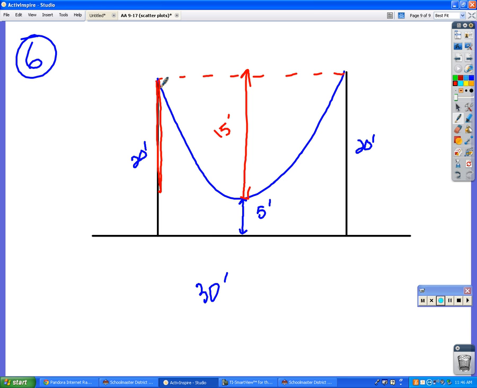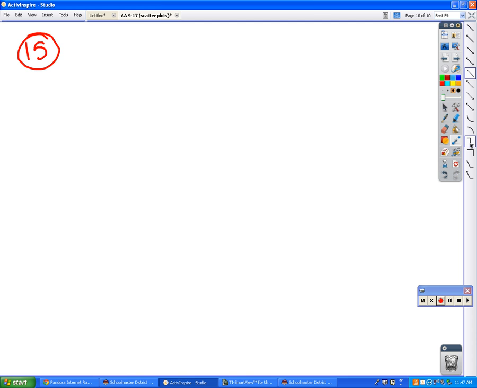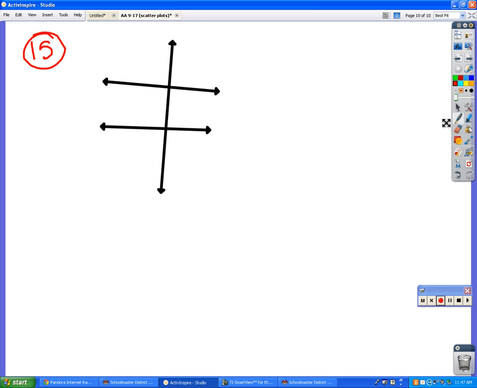Number 15, is that one of the graphing ones? Oh, no, okay, good. This is a good one. All right, so for 15, they give you a couple of different diagrams, and you are asked to figure out, first of all, which lines are perpendicular. So let's take it one diagram at a time.